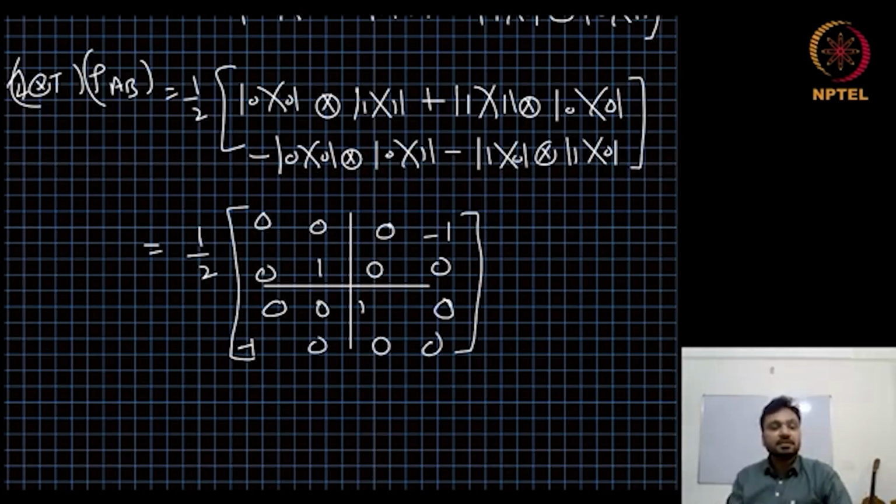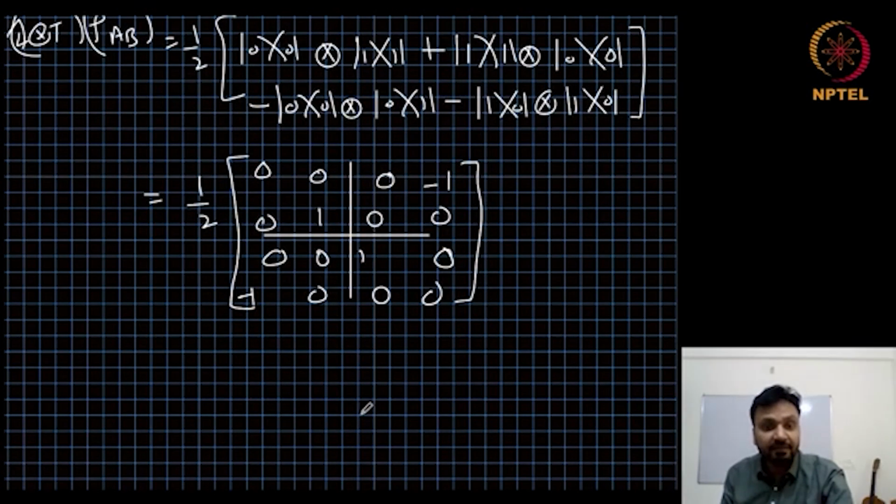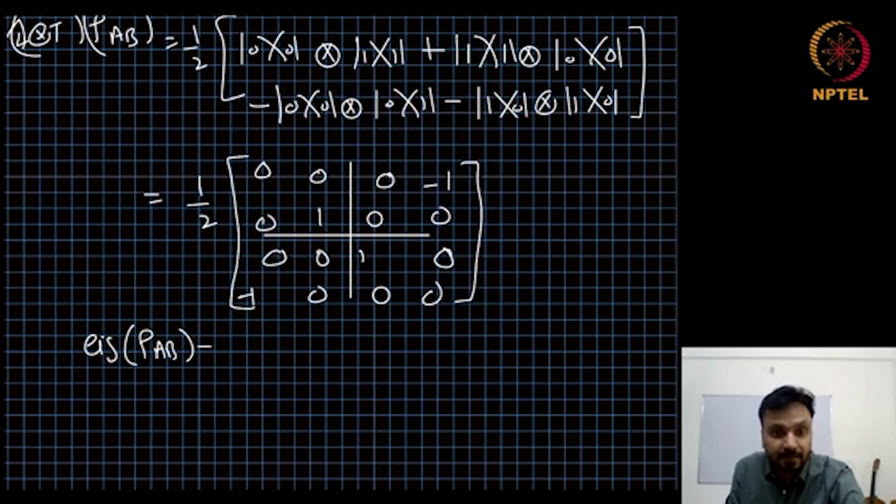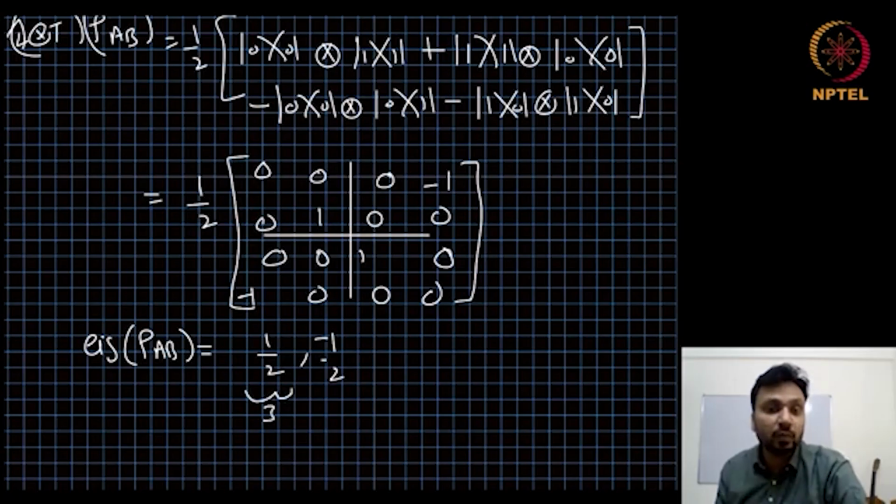So this is our matrix after applying partial transposition, and we can see that the eigenvalues of this are plus half and minus half. Plus half appears 3 times and minus half appears once. So these are the eigenvalues of this matrix.